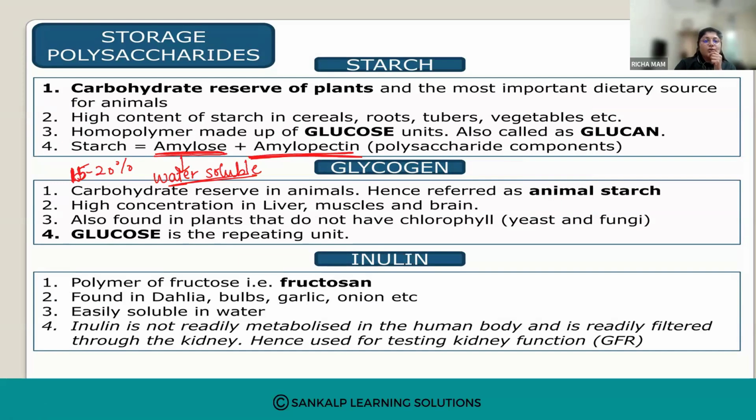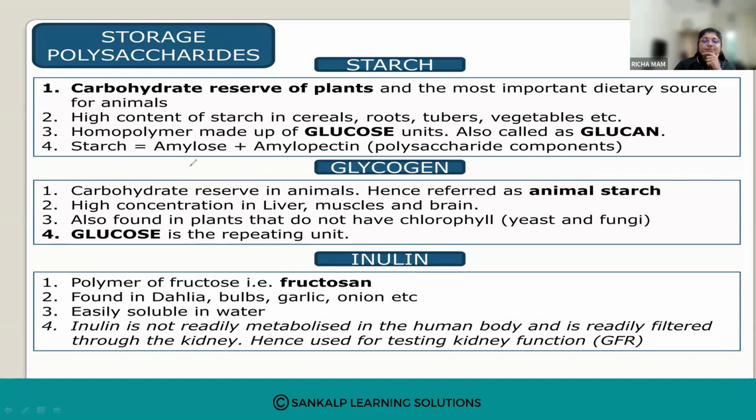Around 200 to 1000 alpha D glucose units are held together, and the type of linkage between these glucose units is the glycosidic linkage.